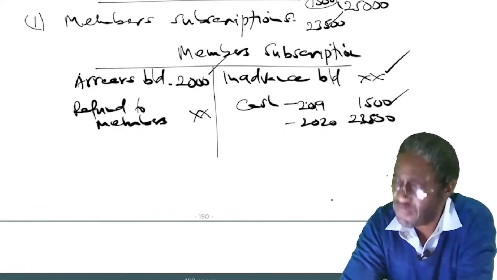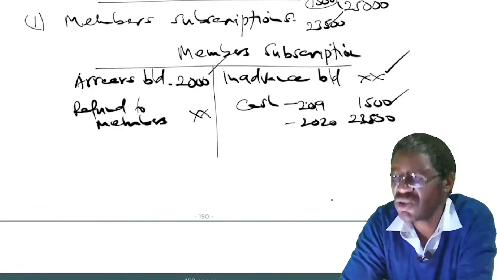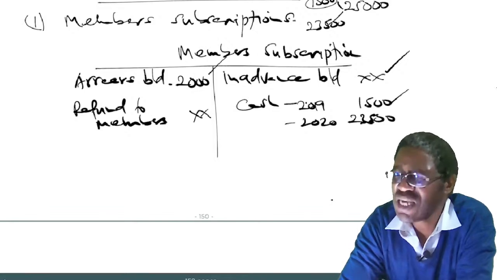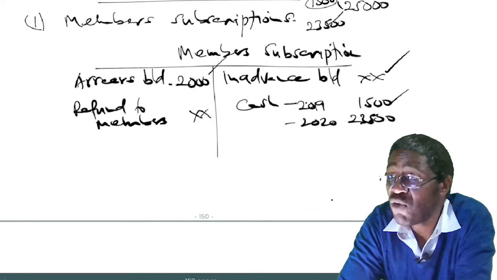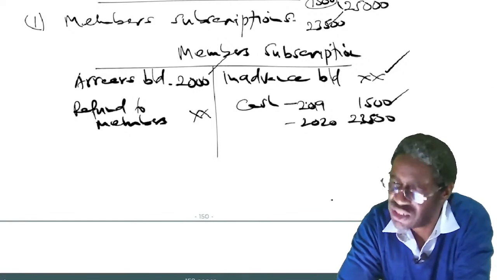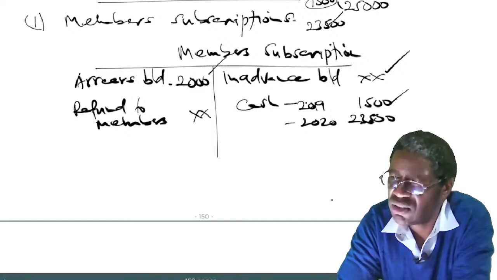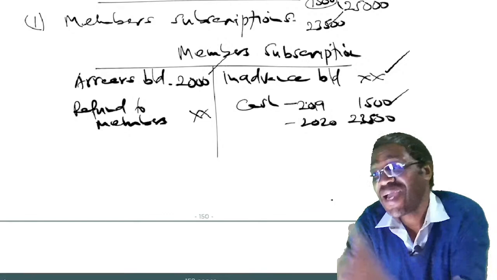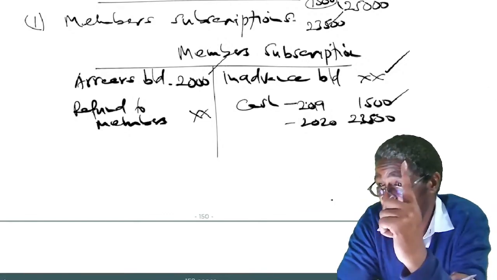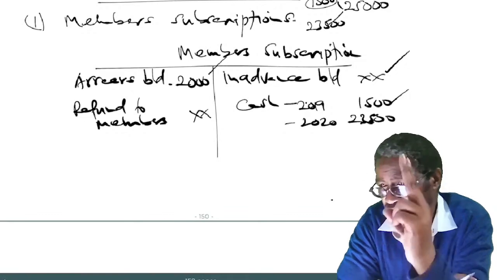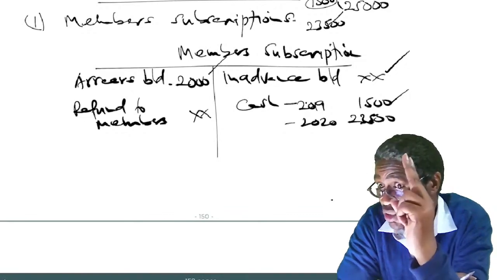You may have a policy as a company or as an organization. Any subscriptions that are owing for more than a year should be written off. I want you to follow keenly.